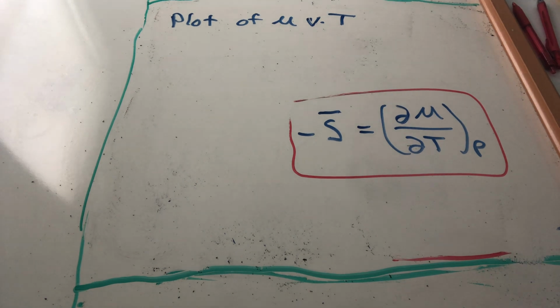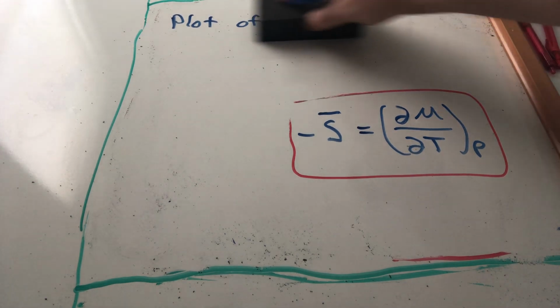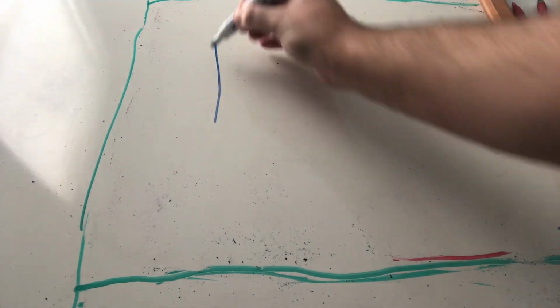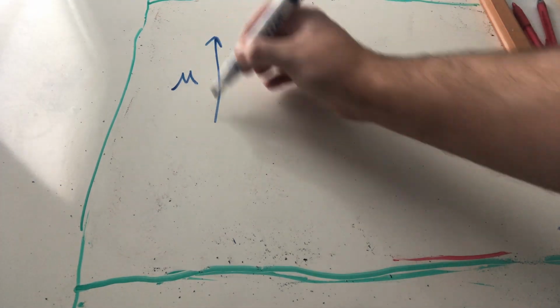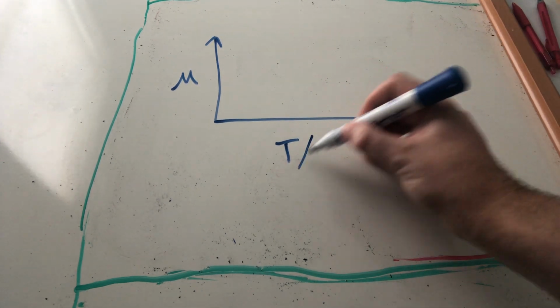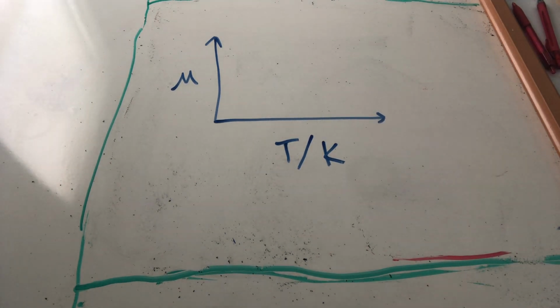Now let's try to look at making a plot of mu versus T. On this axis, I'm going to put mu. On this axis, I'm going to put T. T would have units of Kelvin.